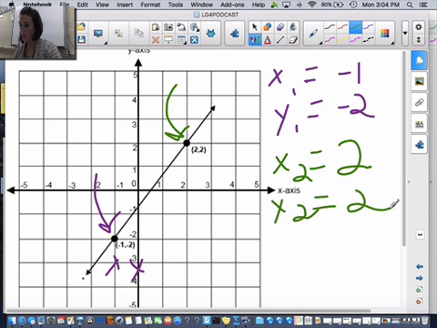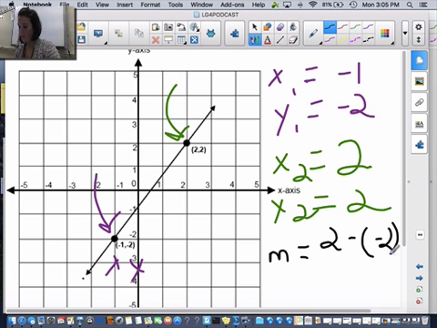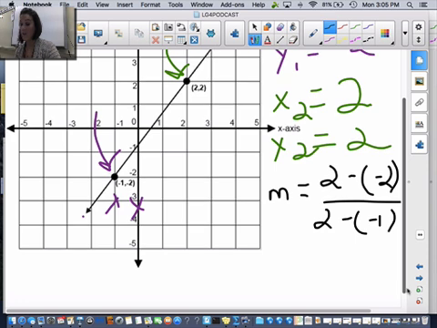So now using the formula, m equals y2, which was 2, minus y1. Now y1 is negative 2, so I'm putting that in parentheses just to show I am subtracting my y1. Over x2, which is 2, minus x1, which is negative 1, so I'm using parentheses to show that x1 is negative 1.